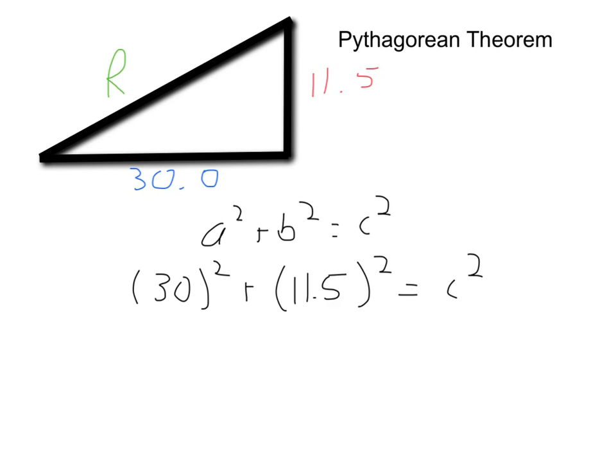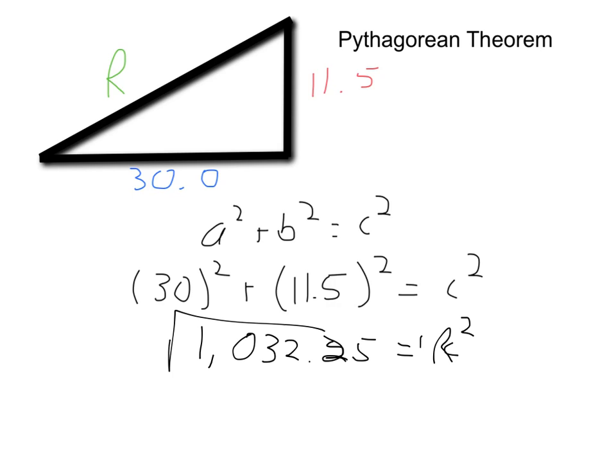The left side comes out to be 1032.25 equals c squared, which is r. So let me actually come back in here and change that to an r appropriately. R squared, so now I need to square root both sides here to get r, which comes out to be about 32.